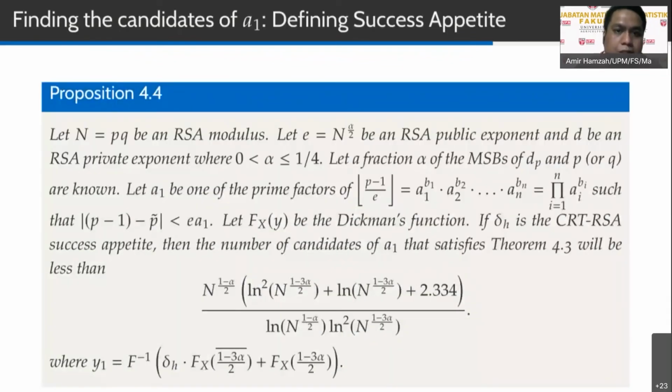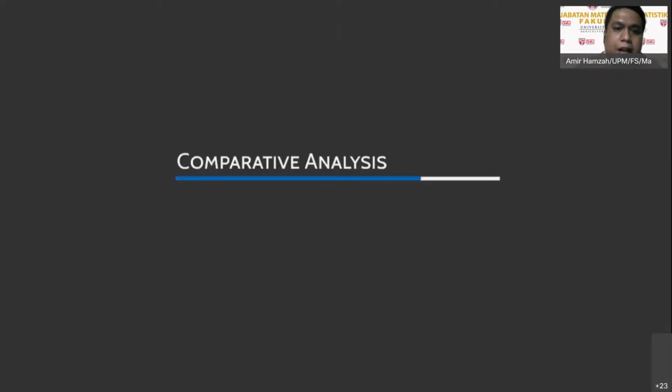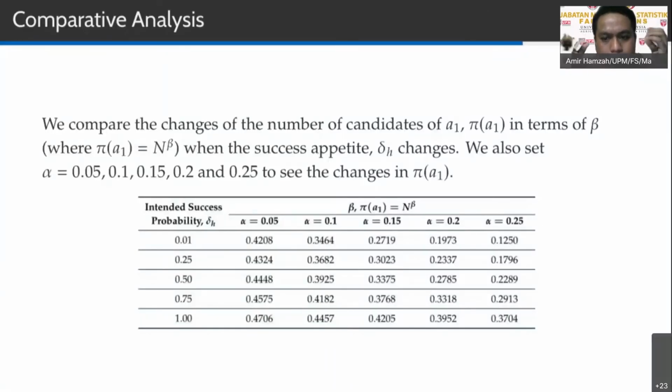We use this function to define our success appetite, and we can see that if we put in the values of the success probability with the value of alpha, which is the exposed info, the MSB leak, then with a smaller success appetite we get n to the power of 0.4208 when the success appetite is 0.01 and alpha is 0.05. And this number will be smaller and smaller if we have a smaller success appetite. Logically it will be like that.